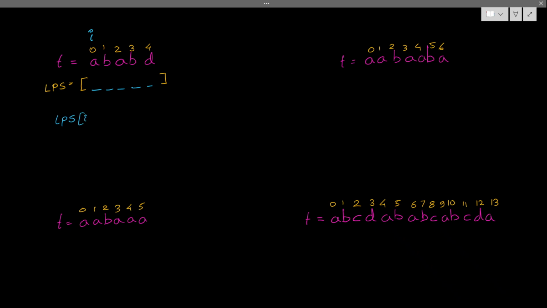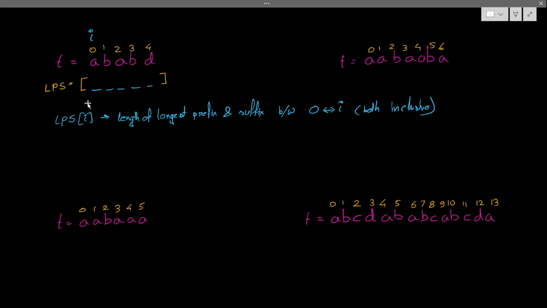It means the length of the longest prefix and suffix between 0 to the ith index, both inclusive. So this is what LPS of I means.